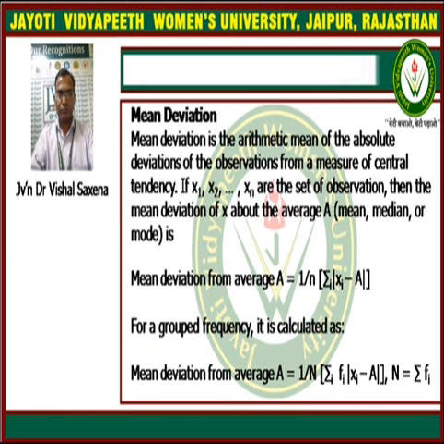Next we take up another measure of dispersion, and that is mean deviation. Mean deviation is the arithmetic mean of the absolute deviations of the observations from a measure of central tendency.